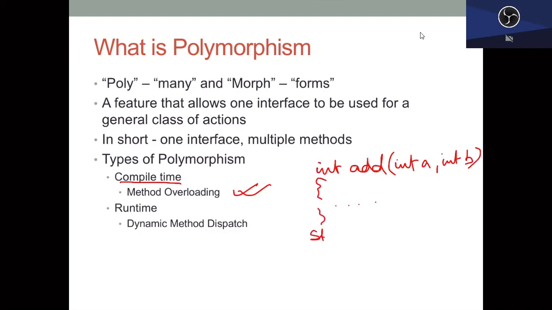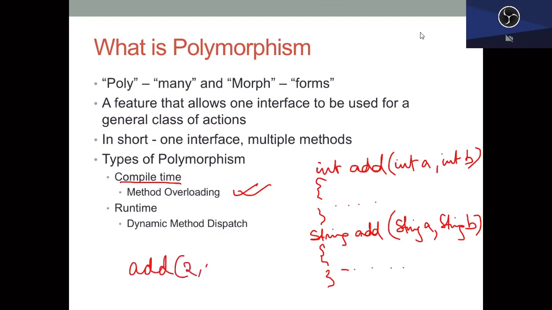Similarly, I have string add, an overloaded method, string a, string b, and there is an implementation for it. Now, when I call add with say 2 and 5, when the compiler gets this statement, it knows that the first argument is an integer, the second argument is an integer.